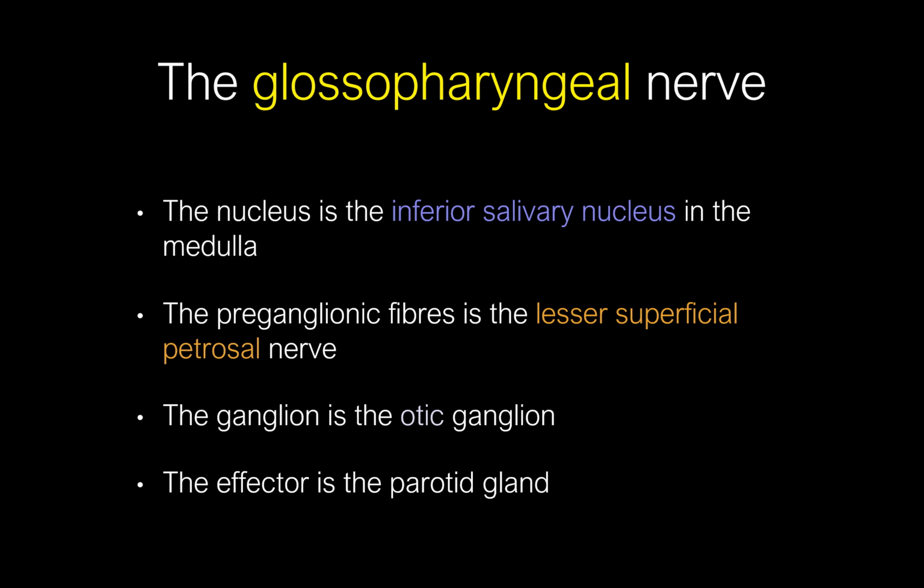Glossopharyngeal nerve, the ninth cranial nerve. The parasympathetic nucleus is the inferior salivary nucleus in the medulla. The superior salivary nucleus was in the pons. Here in the facial we get the greater superficial petrosal nerve; here we have the lesser superficial petrosal nerve. The ganglion is the otic ganglion, and the parotid gland is the effector.